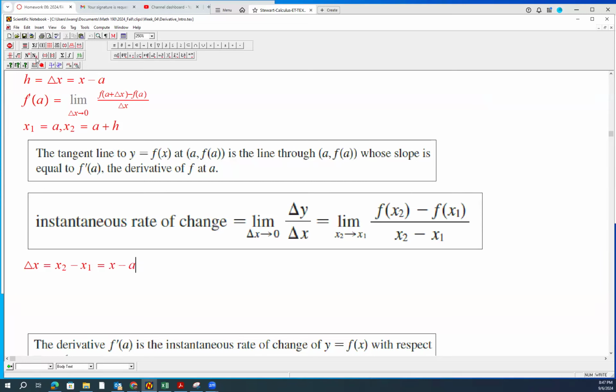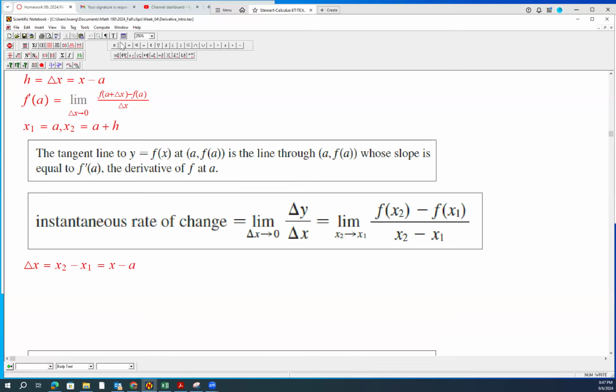And that's X minus A. And delta Y, this is the variation. So delta Y is the difference in function. So that's going to be f of x2 subtracting f of x sub 1.